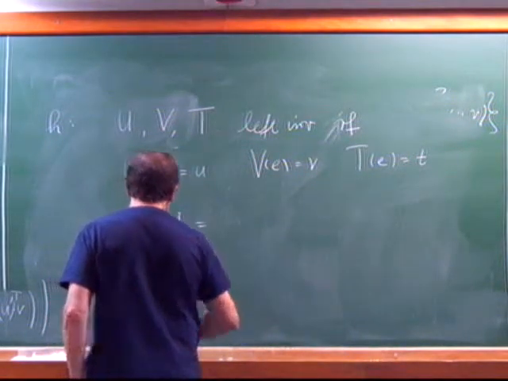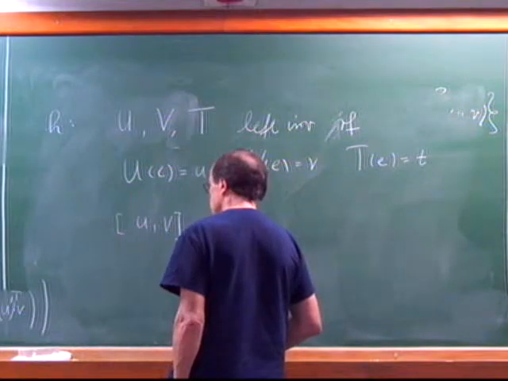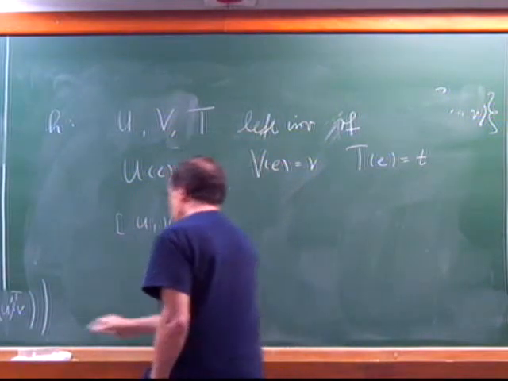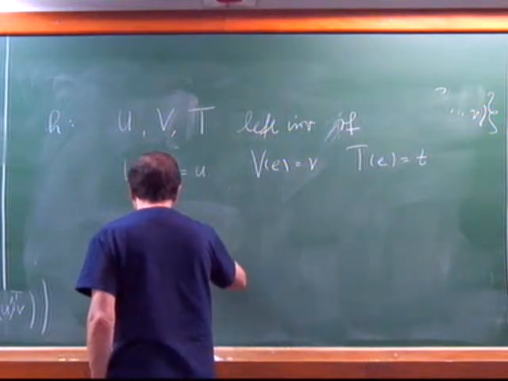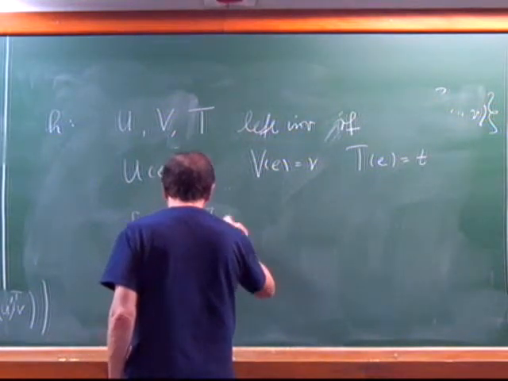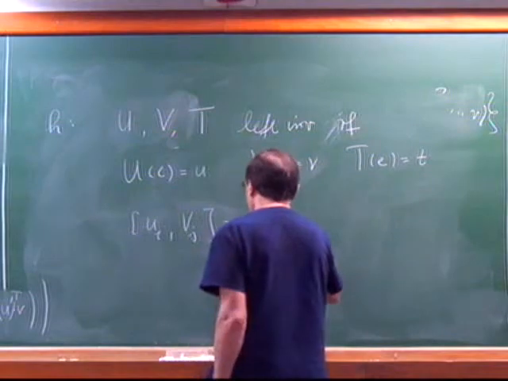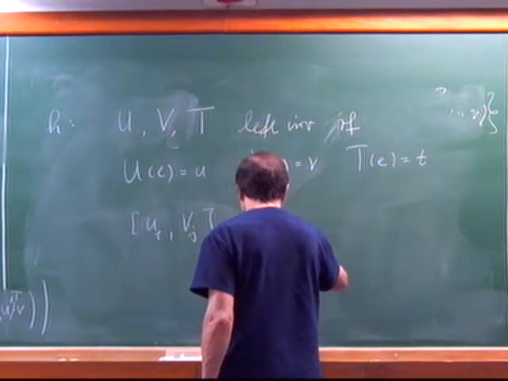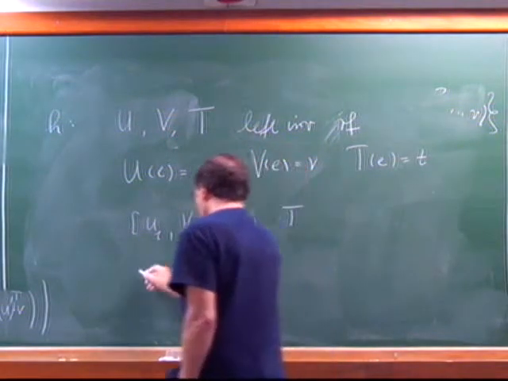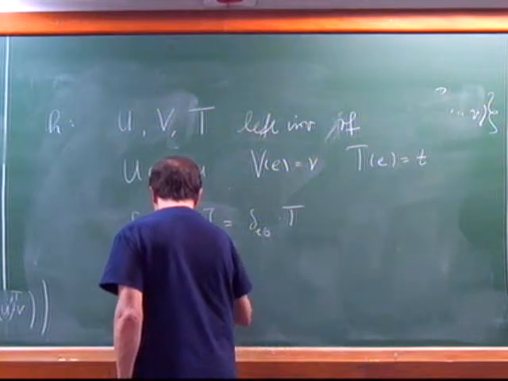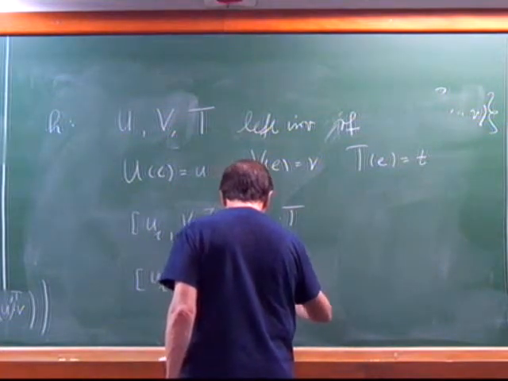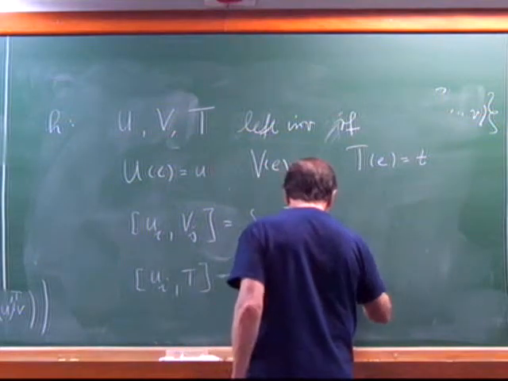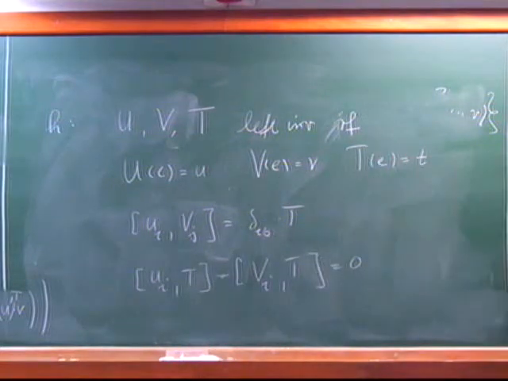Let me write this as follows: [u_i, v_j] is equal to delta_ij times t, and everything else is 0. So that's what the Lie brackets look like on that basis.